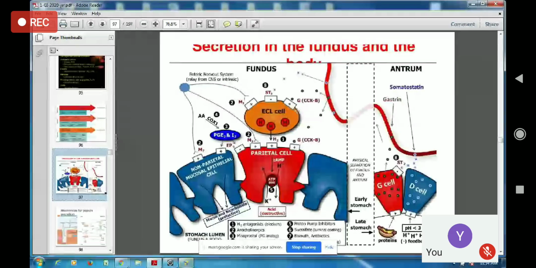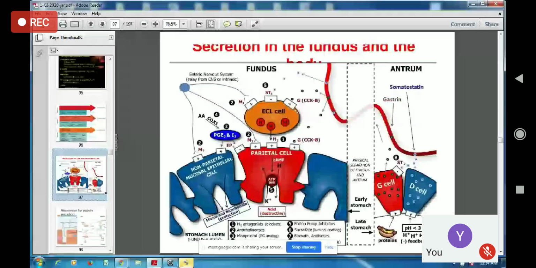Somatostatin, which is produced by the D cells, causes inhibition of the HCl secretion. Then there is gastrin, which causes activation of the HCl secretion. That means more of the acid is being produced. Similarly, when ECL cells are stimulated, histamine is produced, and histamine also causes HCl secretion.